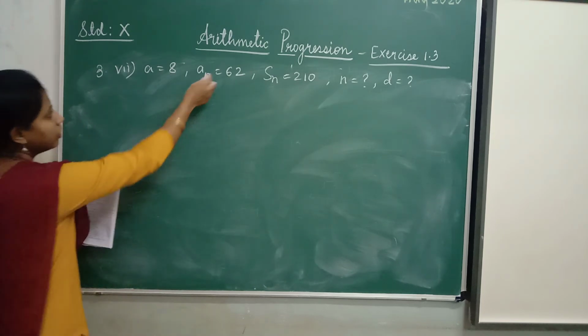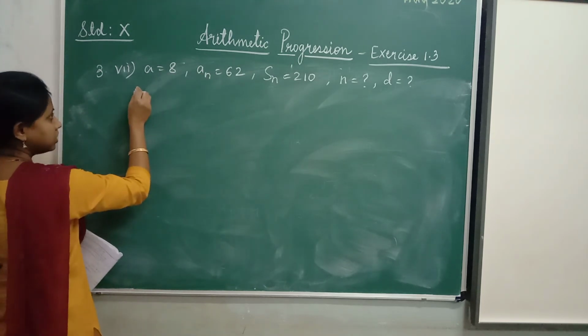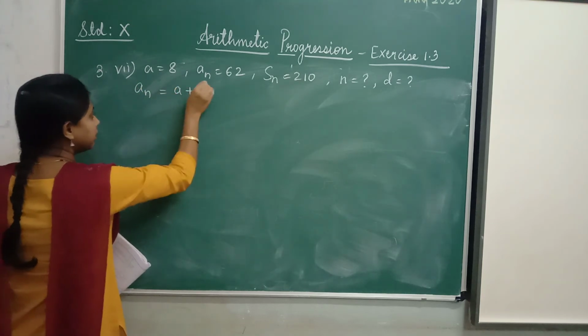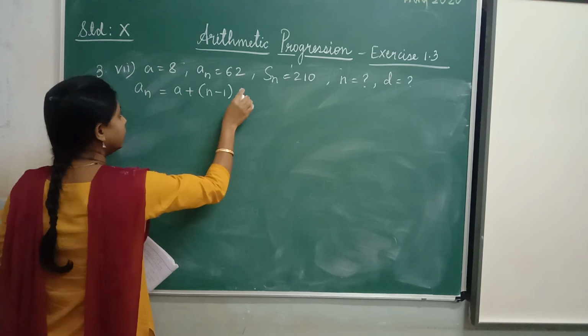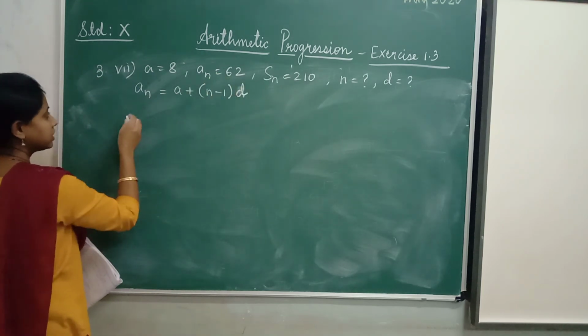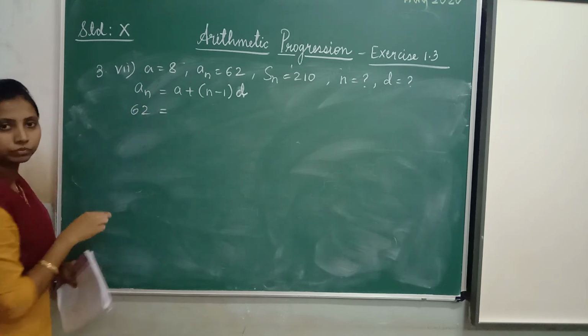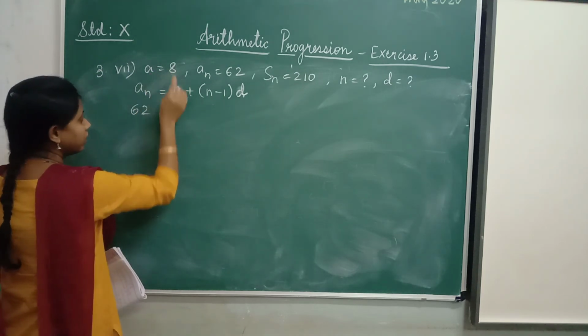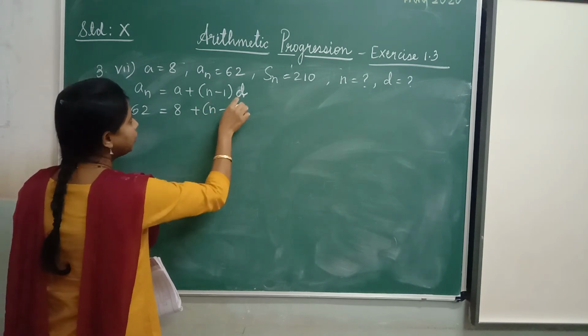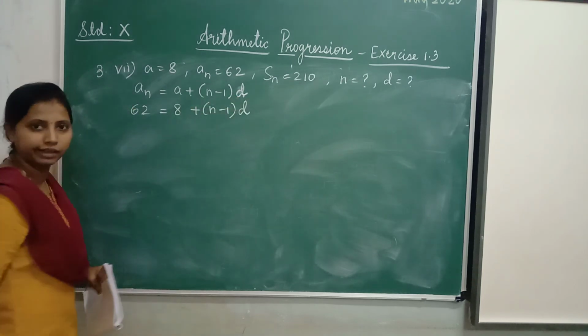So we will start with an is equal to 62. an is nothing but a plus n minus 1 into d. an is given, so substitute 62 here. a is also given, so substitute 8 plus n minus 1 into d. d is not given, so write it as it is.